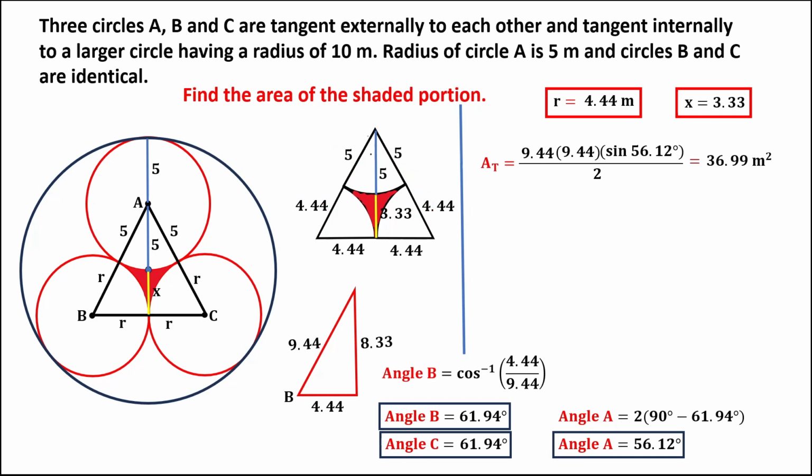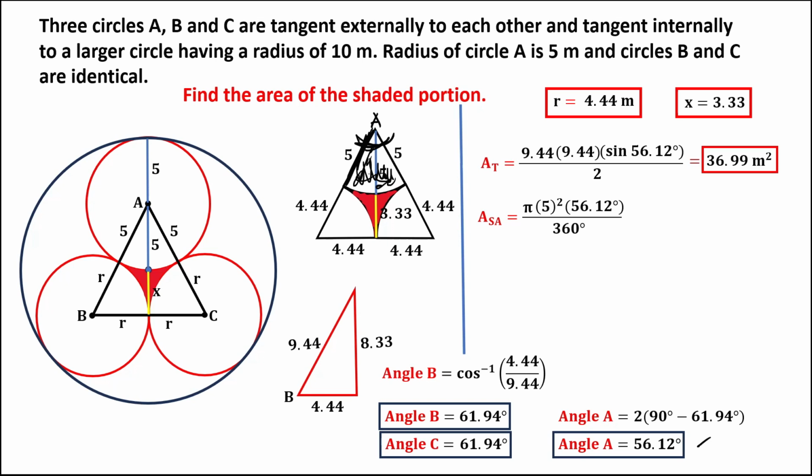This time we can find the area of sector A. Using the formula, we have pi times the square of the radius, and the radius is 5, so 5 squared, then times the angle, and angle A is 56.12 degrees, then divide by 360 degrees.